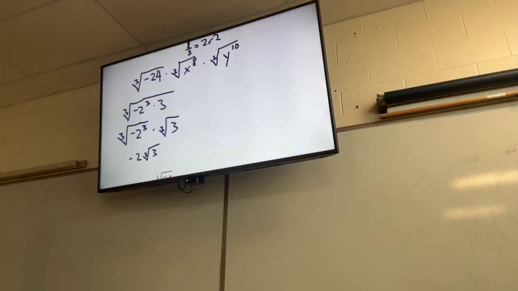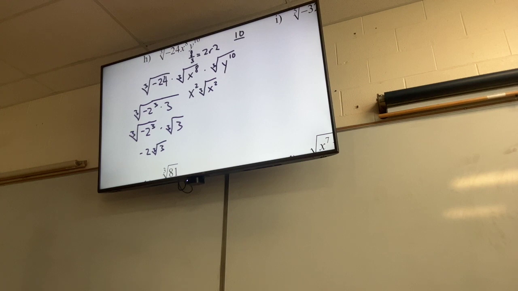So the x cubed to the root to the third becomes x squared times x squared inside the cube root. And then what's 10 divided by 3? What is that? 3 with the remainder of 1. This becomes y cubed times the cube root.